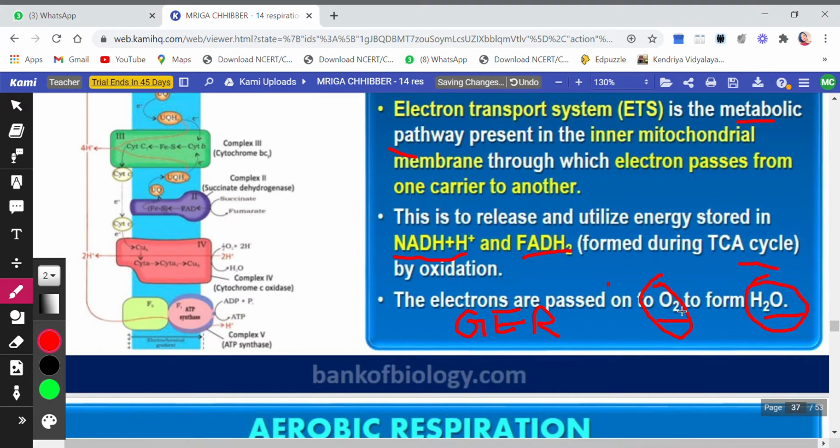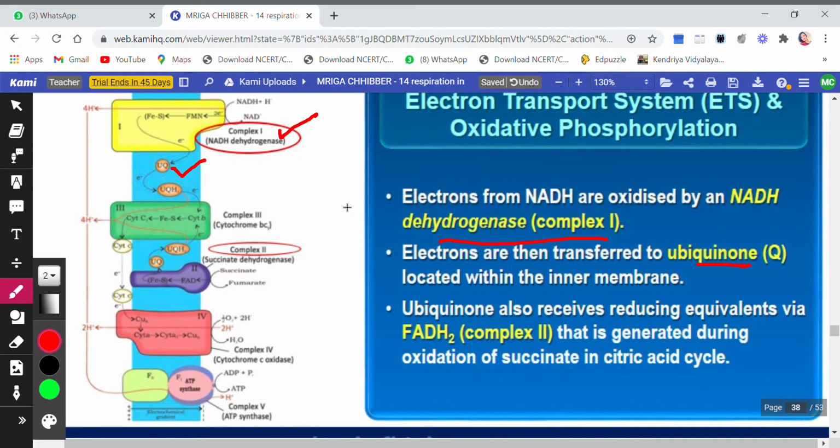and the oxygen gets reduced into a water molecule. So as you see here, children, electrons from NADH are oxidized by NADH dehydrogenase. This is the enzyme. This is the first enzyme that is used in the ETS. Electrons are then transferred.